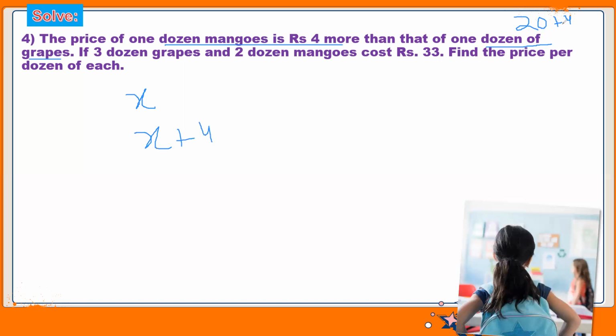In the same way as 20 plus 4, X plus 4 will be the price of 1 dozen mangoes. What is the meaning of rupees 4 more than? That means we add rupees 4 to the price of 1 dozen grapes to get the price of 1 dozen mangoes. So let's start the question.